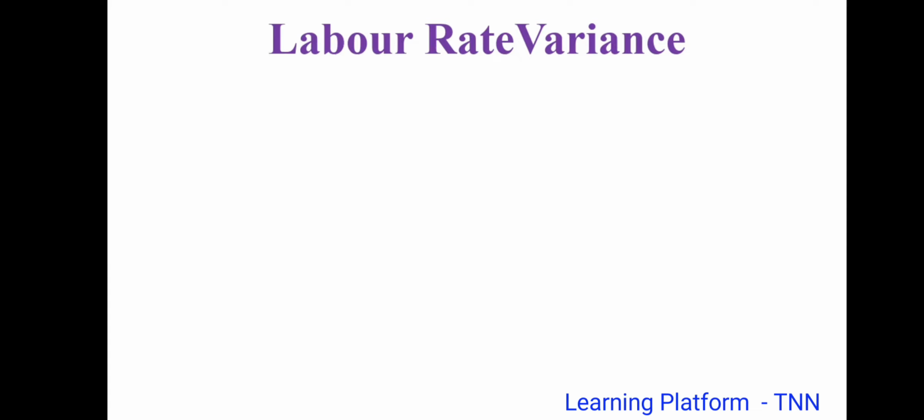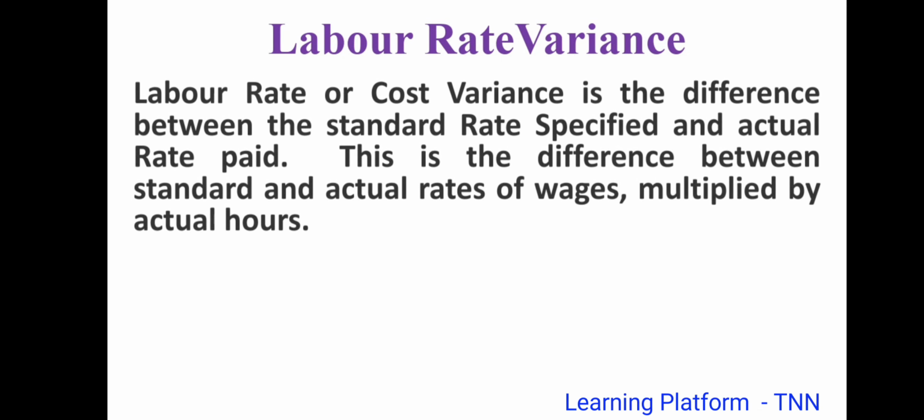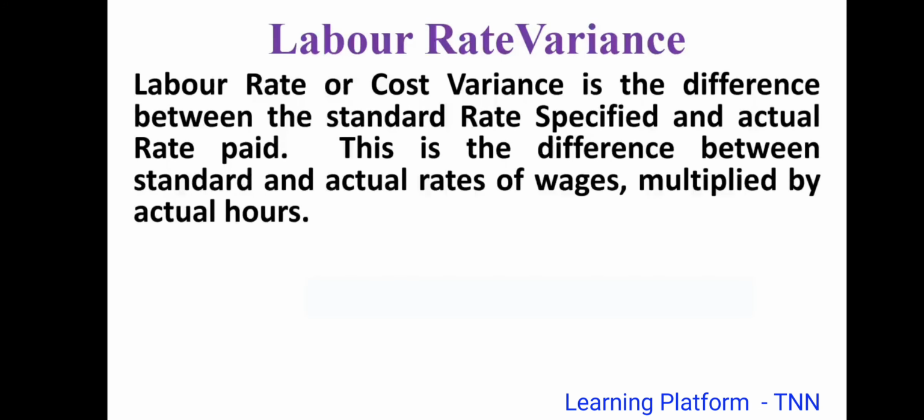Then we'll go for labor rate variance. Labor rate variance is the difference between the standard rate specified and the actual rate paid. This is the difference between the standard as well as actual rates of wages, multiplied by the actual hours.